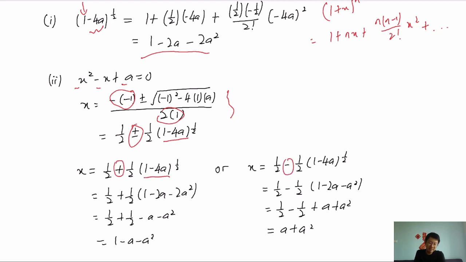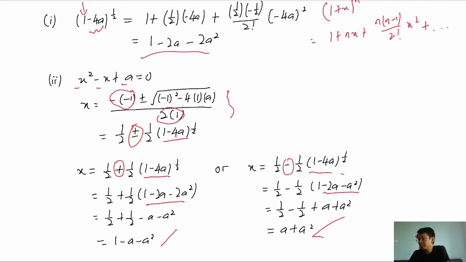Both terms have (1 − 4a) to the power of half, so we can apply the result from the first part inside, tidy up, and we will get the two roots for that quadratic equation. If you want to use completing the square, you will also get a similar result. With that we have the two values that we need to prove. That would be for the first question.